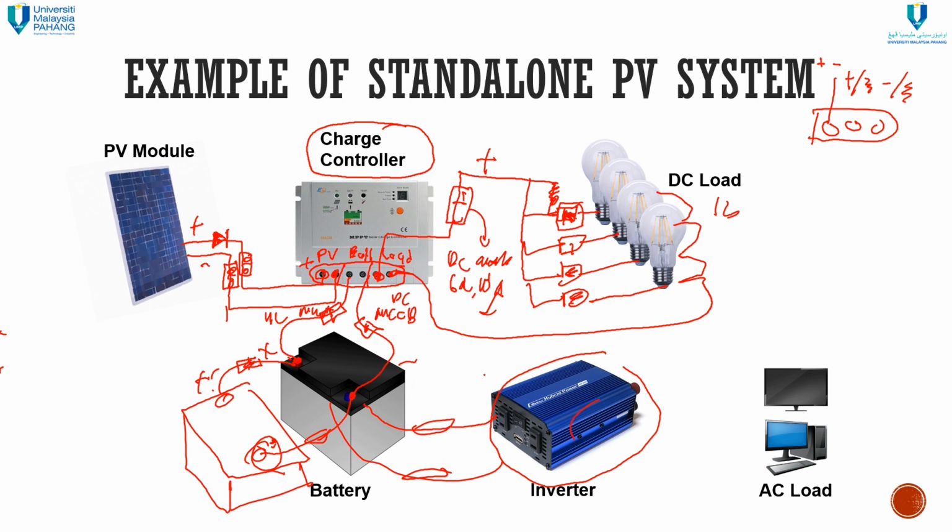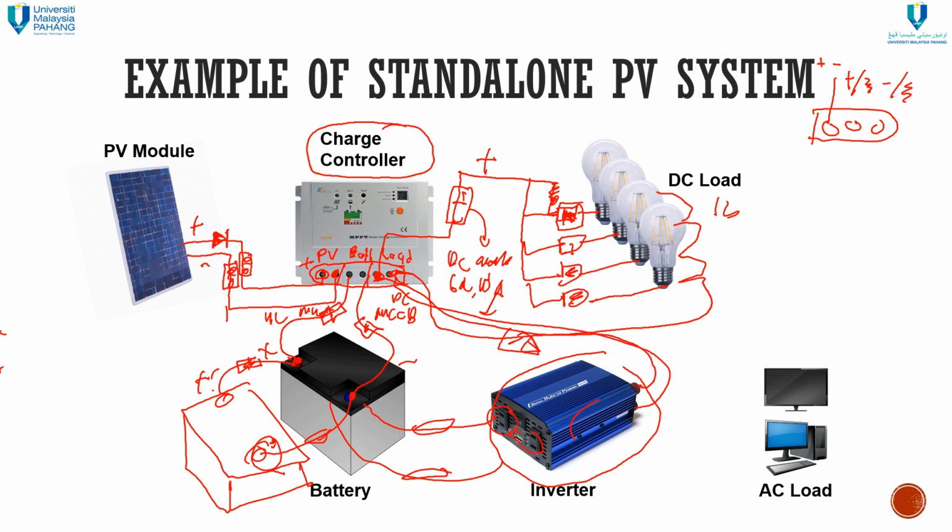So the better one for me is, for example, this one: the red one's plus is connected here, and then this one also will connect here. Then you can put this MCB in the middle. Sometimes they have USB, depends on you.